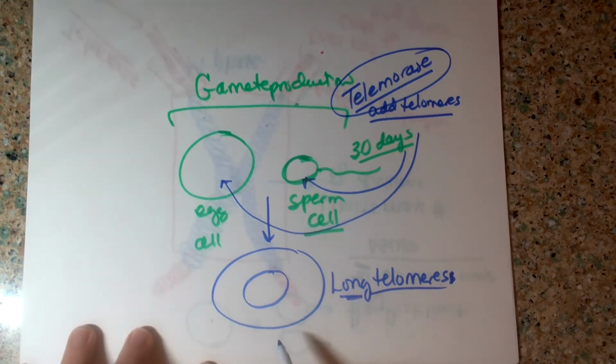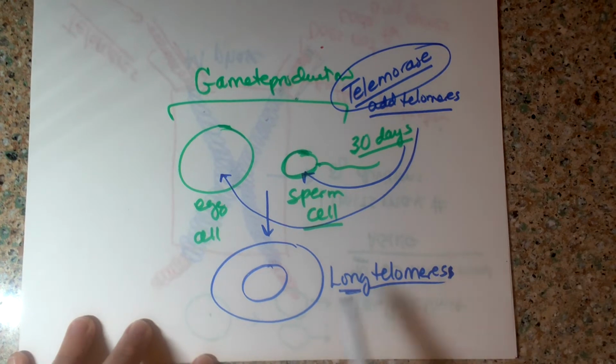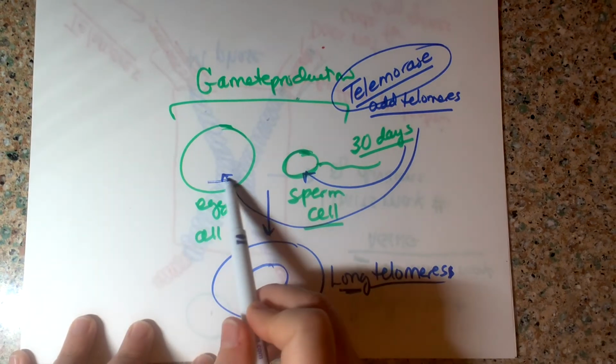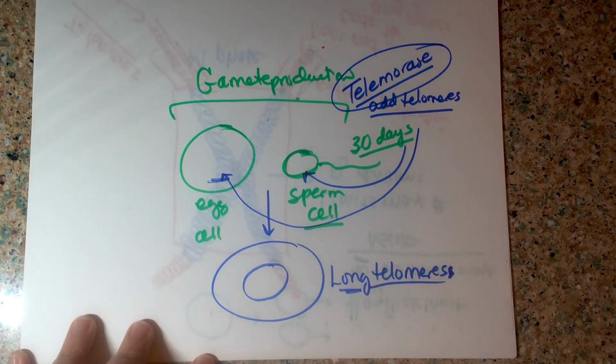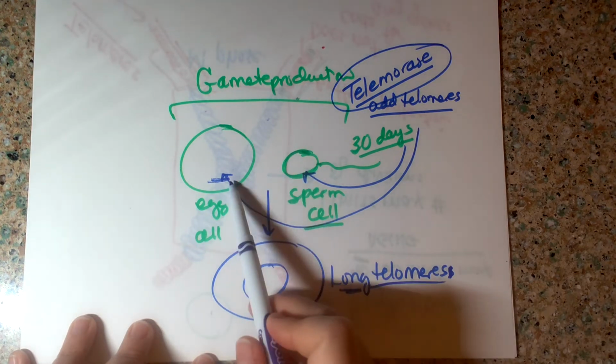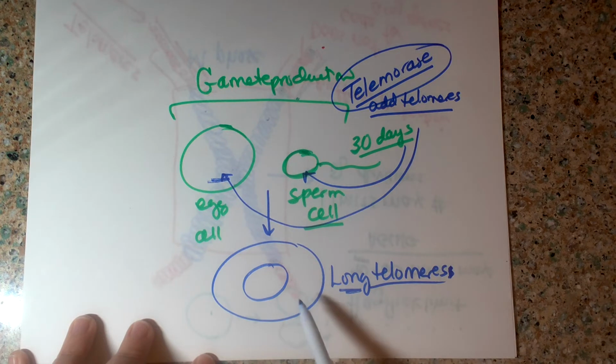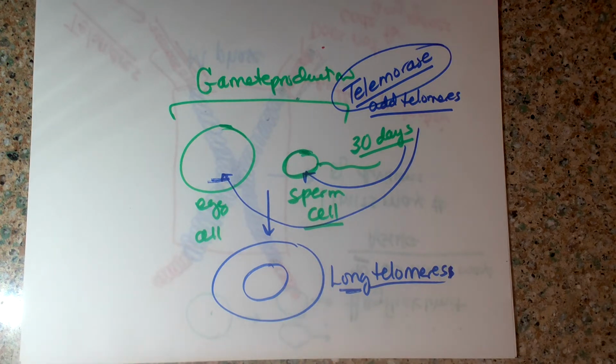Now, we definitely have not done human testing on that, but I wouldn't be surprised if there was some mammal research seeing if they could increase the life expectancy of other mammals by adding this telomerase.